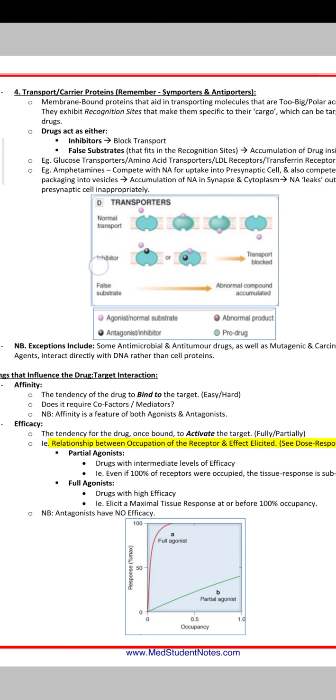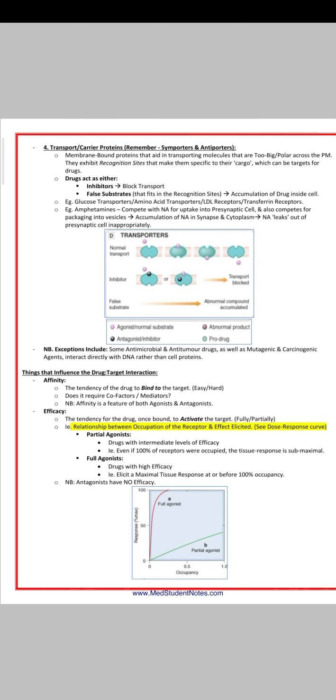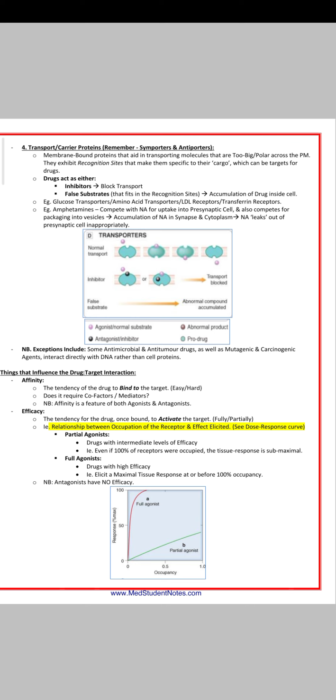Next is the fourth one, the transport carrier proteins. Transport carrier proteins are membrane bound proteins that aid in transporting molecules that are too big or polar across the plasma membrane. They exhibit a recognition site that makes them specific to their cargo, which can be targets for drugs.